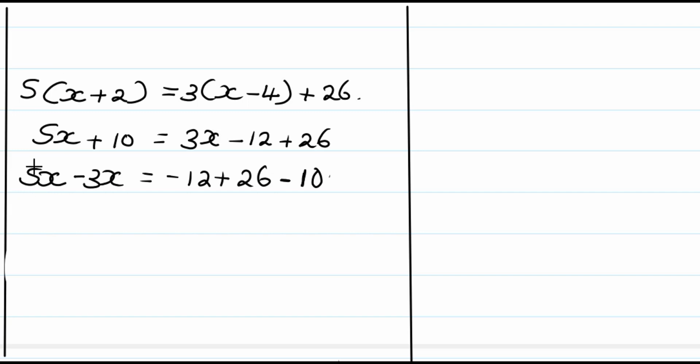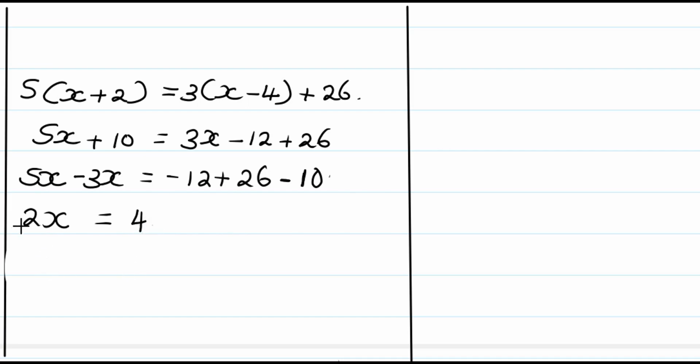And from there, we can say 5x minus 3x, it will be 2x. Then is equals to 26 minus 10 is 16. Then negative 12 plus 16, it will be positive 4.